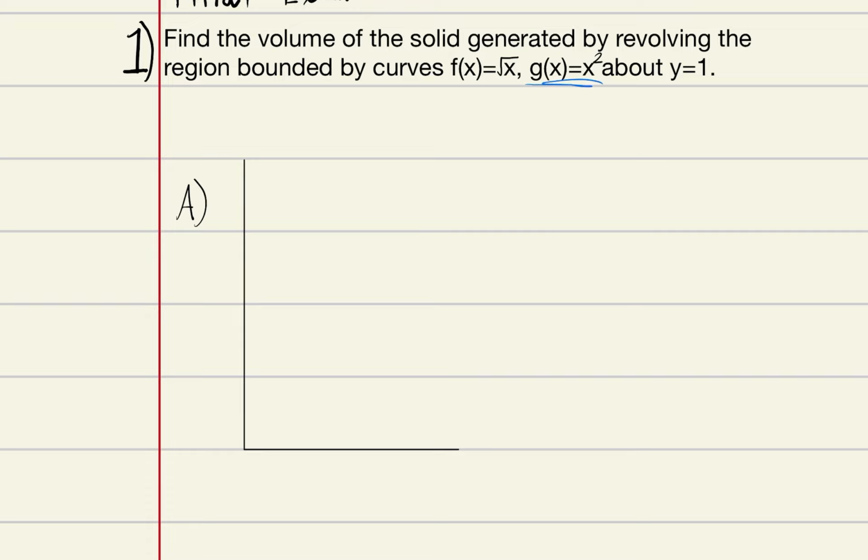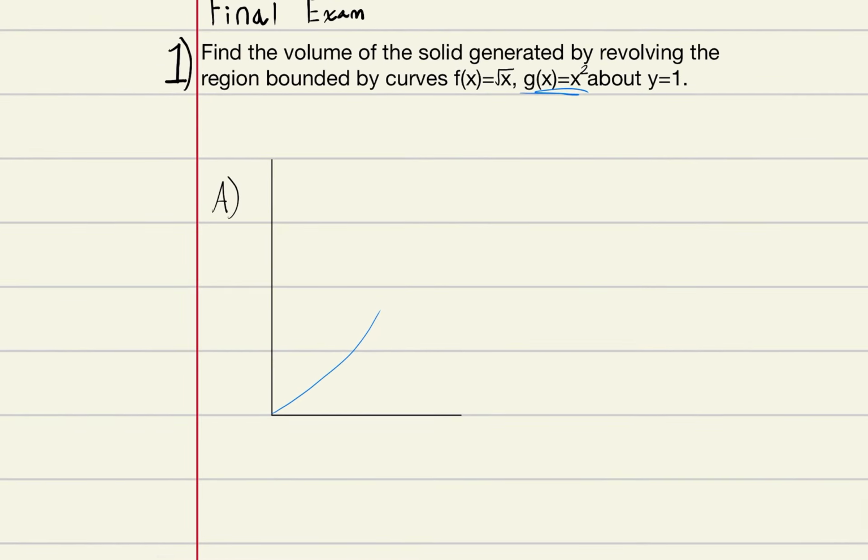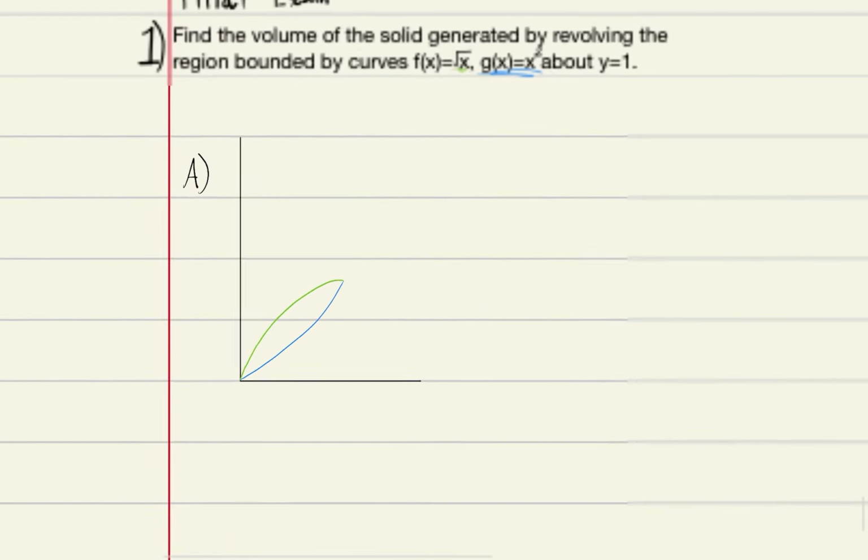and we'll graph g of x in blue. x squared is an upward-facing parabola. It'll look something like that. Let me redraw that. Square root of x is kind of the opposite, more right-side facing, but it'll look like this.